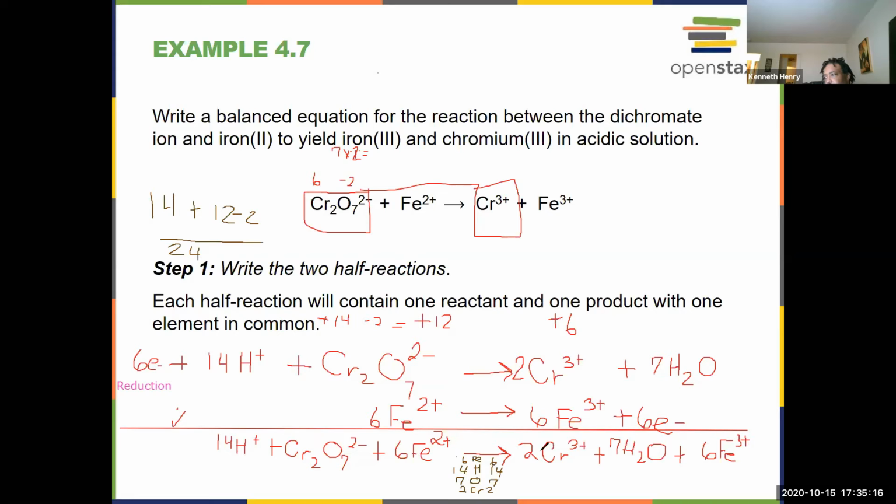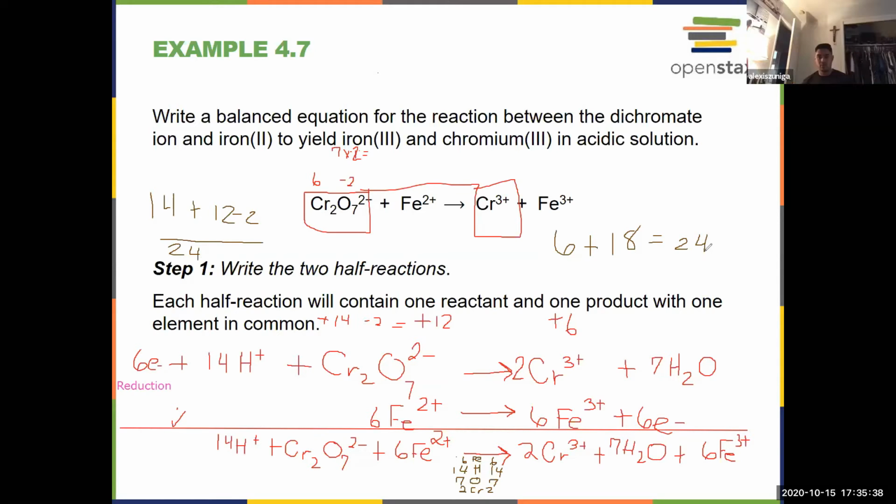On the other side, 2 times 3 is 6, plus 6 times 3 is 18, which is 24. Everything checks out.